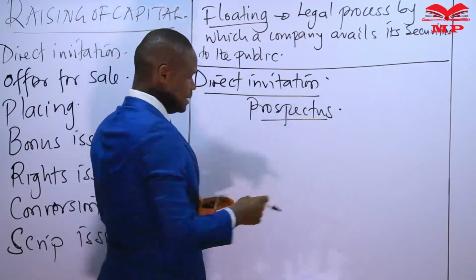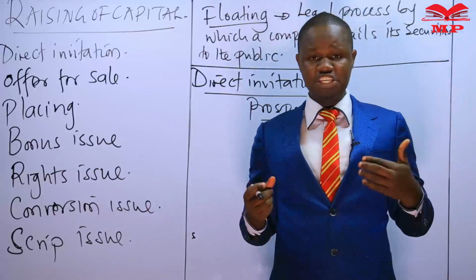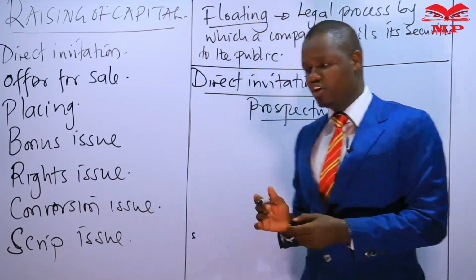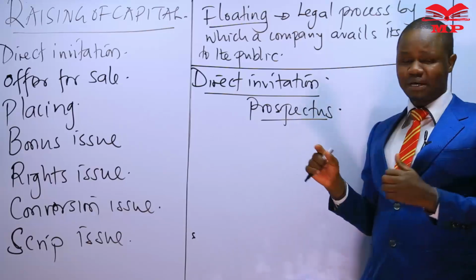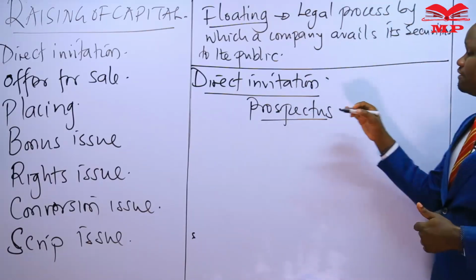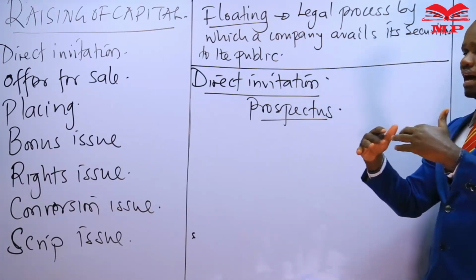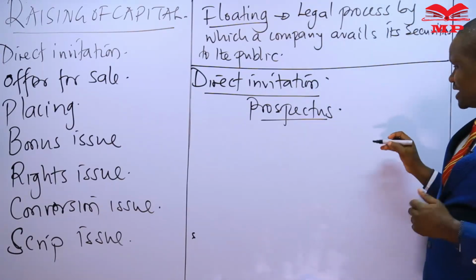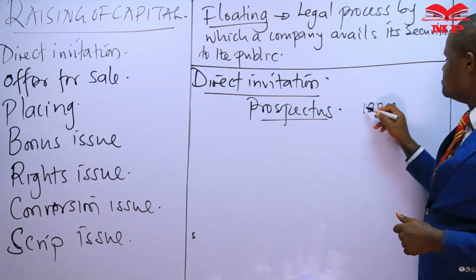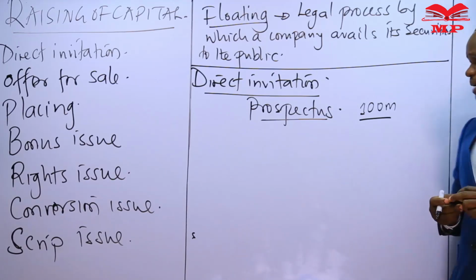So once the company has prepared prospectuses inviting the public to subscribe for these shares, there is a risk that the members of the public may not respond to this prospectus issue overwhelmingly. For instance, if through a direct invitation where we are issuing a prospectus inviting members of the public to buy securities, let's imagine we want to raise 100 million worth of share capital.